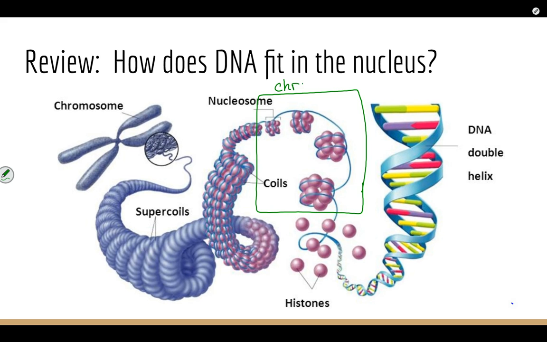This is chromatin. And so that's kind of how DNA exists when the cell is in interphase, most of the cell's life. The DNA is coiled around histones, but it's not super, super, super tightly wound up. That only happens during mitosis.